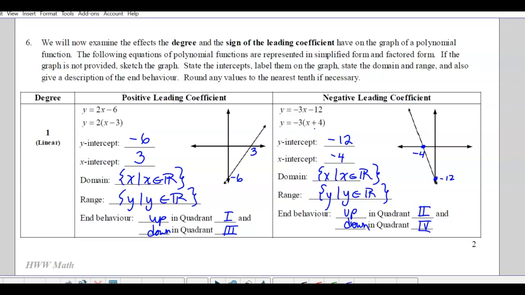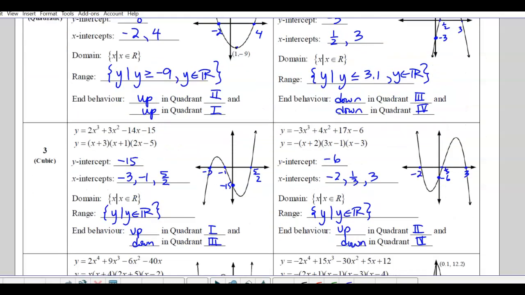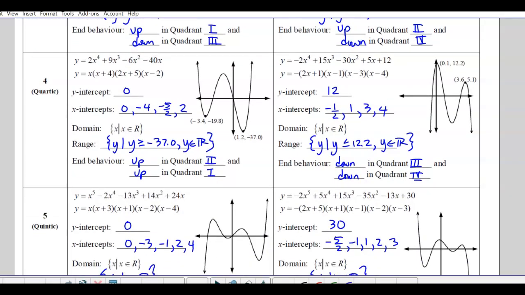So odd degree will always have a domain, a range of all real numbers, one quadrant going up, one quadrant going down, where the quadrants are diagonal. Then if we look at the even degree, the arrows are always either going up or down. Okay, for degree 2, degree 4, same thing.